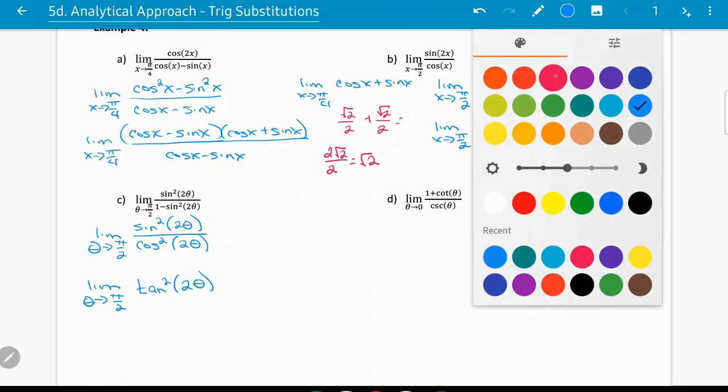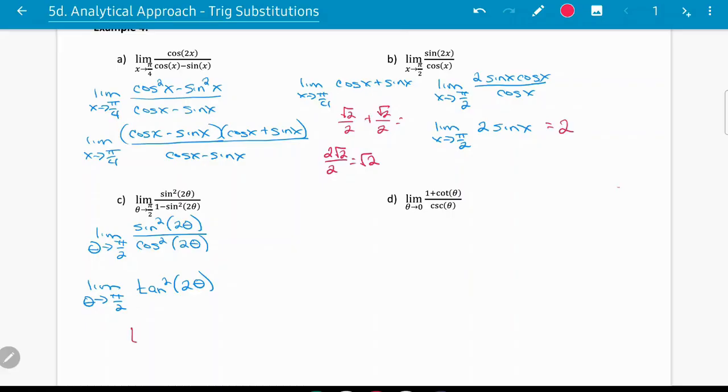And now we can do direct substitution, and so we are looking for the tangent squared of 2 times pi over 2, which is going to be the tangent squared of pi, which is going to be then 0.